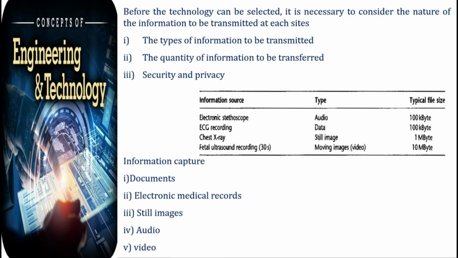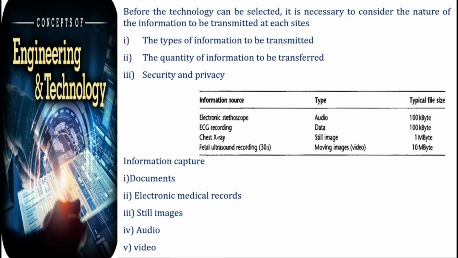When you talk about examples of different types of information, we have the information source. We can have an ECG recording or a chest x-ray. The ECG recording will provide information as data. If you are using the x-ray, it will give us still images.